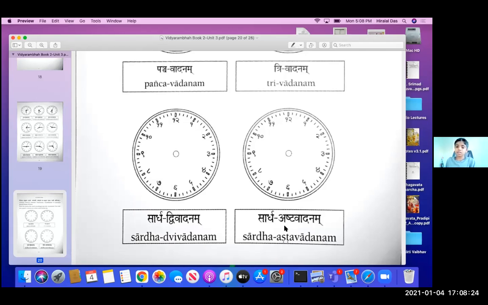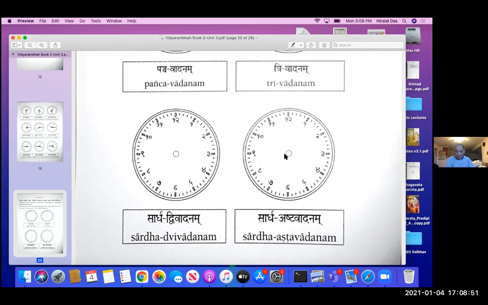So the shorter hand will be facing 8, and the longer one will be facing the 6. Okay. So the shorter one would not be directly at 8, but since it is 30 minutes past, it would be between 8 and 9. It is called Asta, so after 8, 30 minutes.